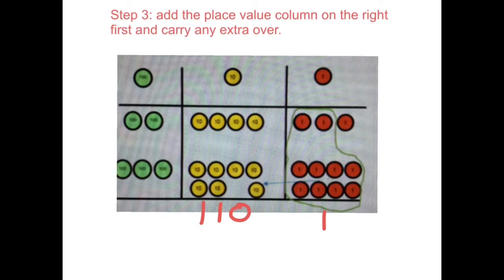Now, obviously, that looks like 110, and we can't have 110 in our tens column because it's only the tens. So what do we have to do? Well, like before, we've got some extra. Here, we've got an extra 100. We're going to have to move that extra 100 into the next column.